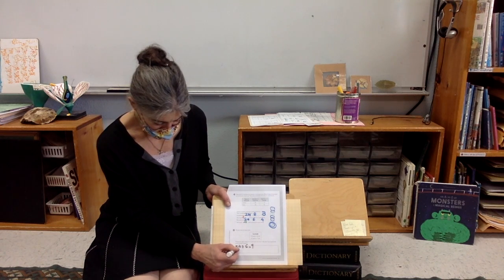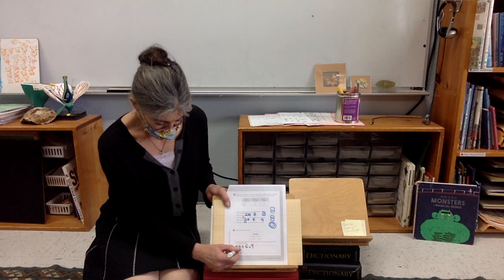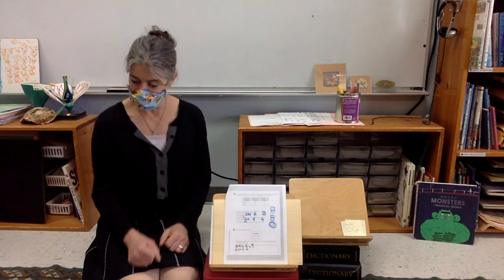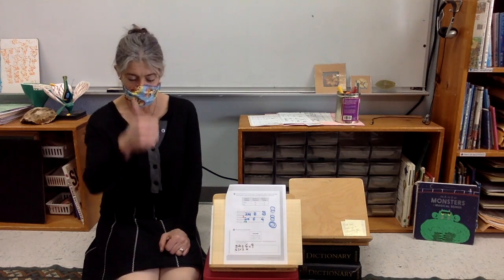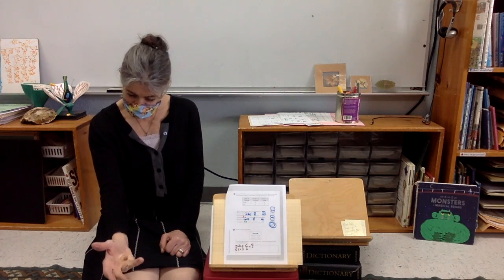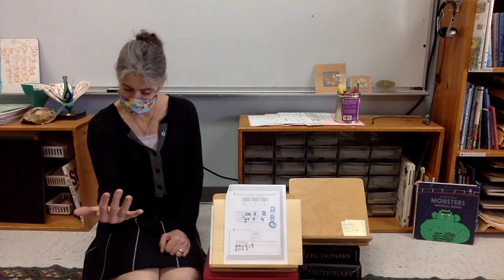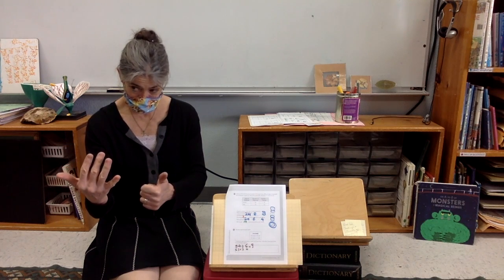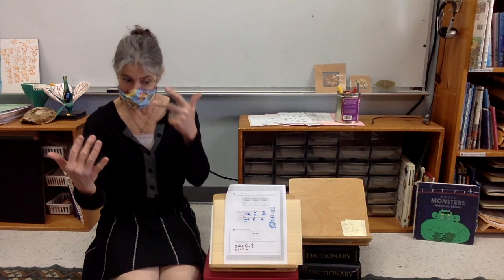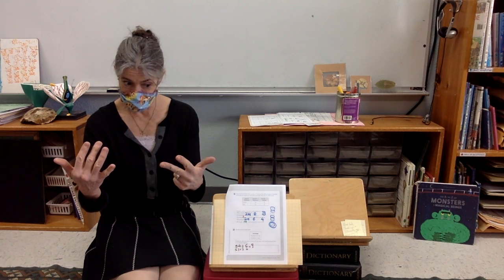63 divided by 7. Do you know your sevens okay, Gideon? Most of them. All right, go ahead and try and I'll help you if you get stuck. 7, 14, 21, 28, good, 35, 42, 56, 63.